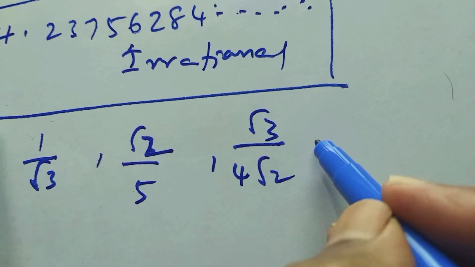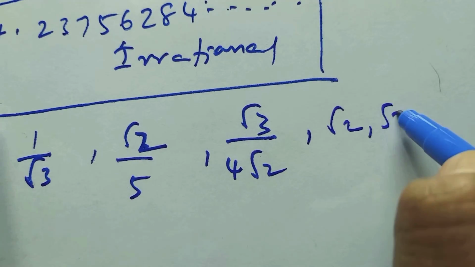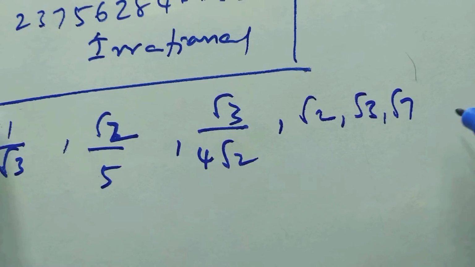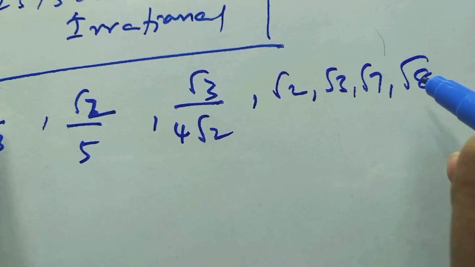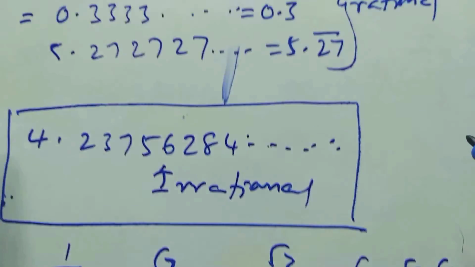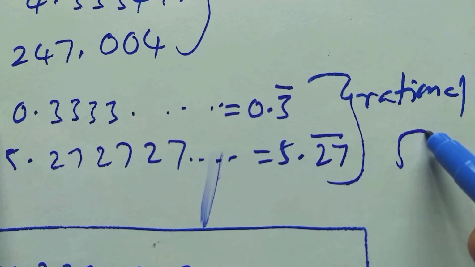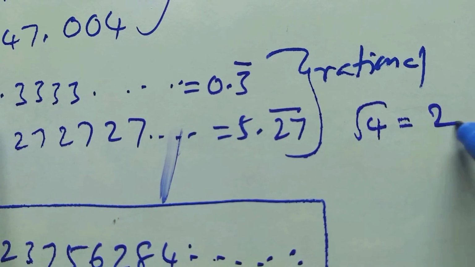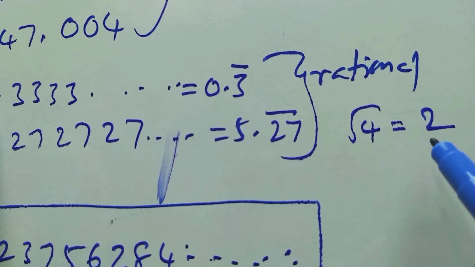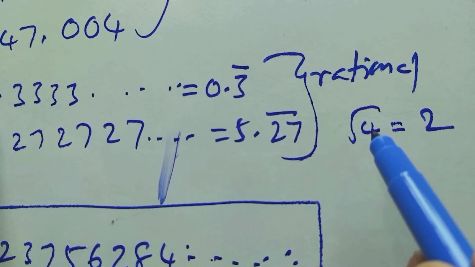Simply you can take root 2, root 3, root 7, and also root 8, whose square root is not an integer. But root 4 value is equal to 2, a positive number, so root 4 is a rational number.